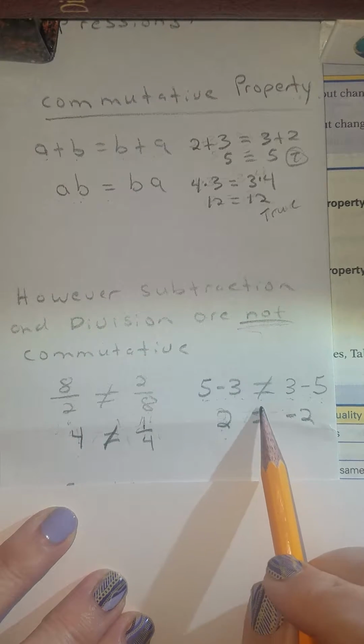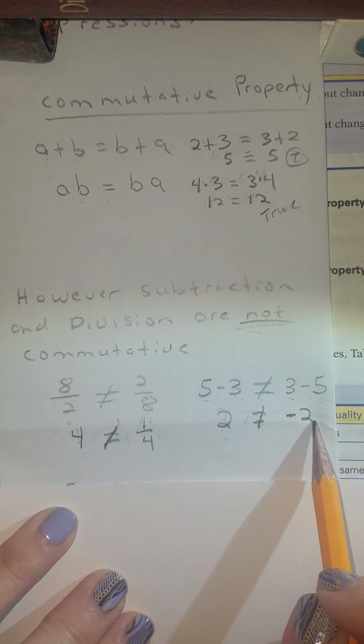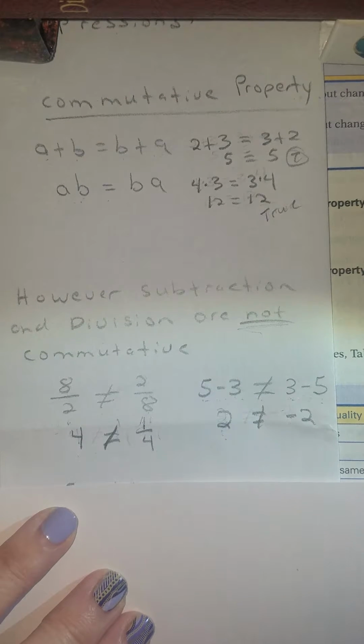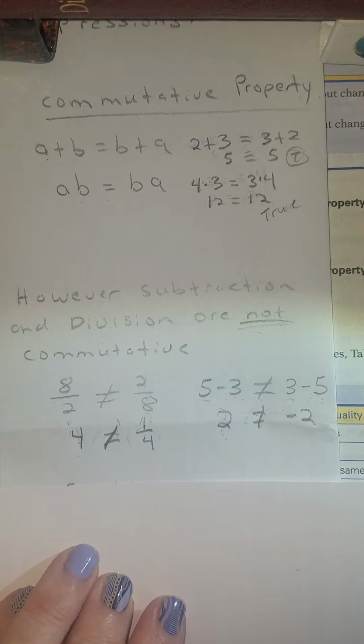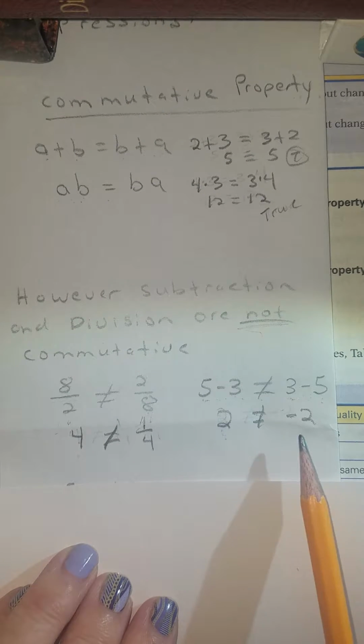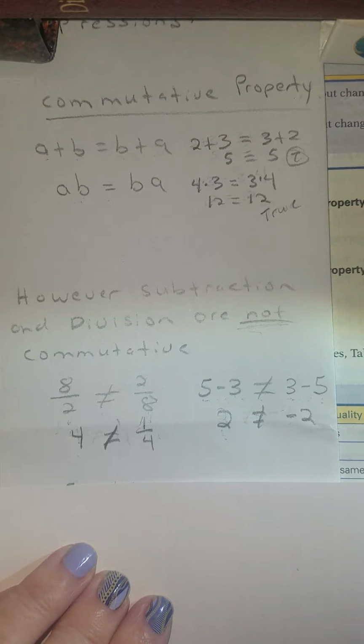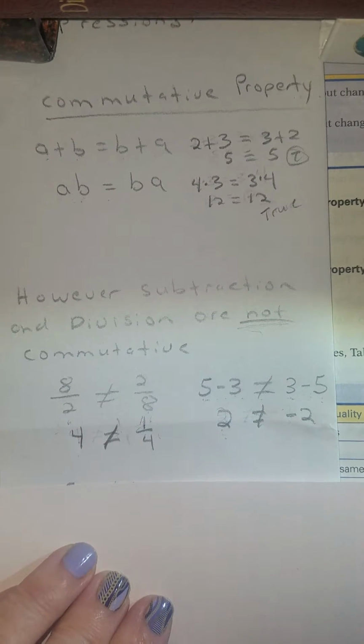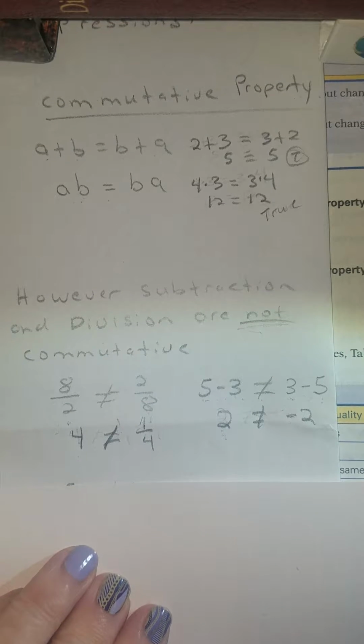So 3 minus 5 is negative 2, and 5 minus 3 is 2. 2 does not equal negative 2. They're completely different values. You'd rather have $2 than owe $2, correct? They are not the same. So again, the commutative property does not apply to division or to subtraction.